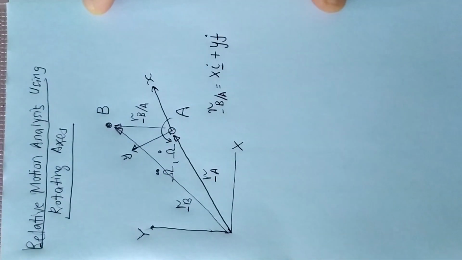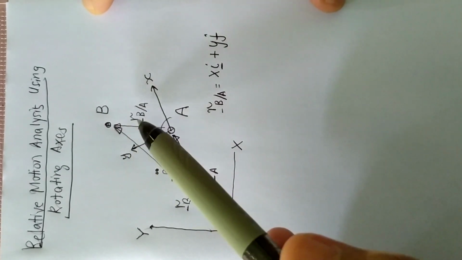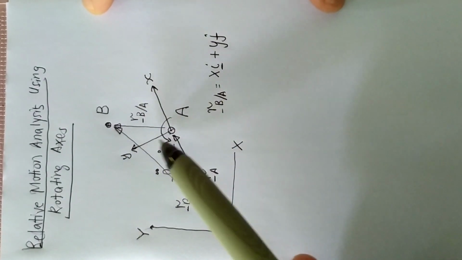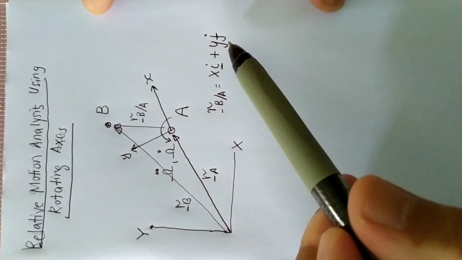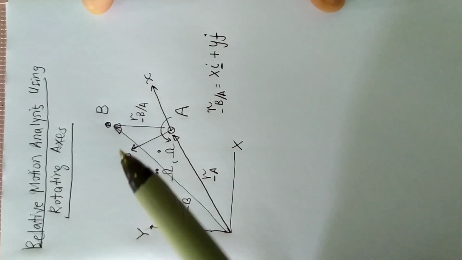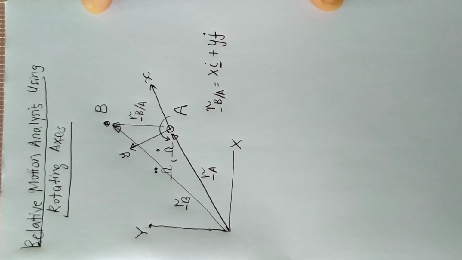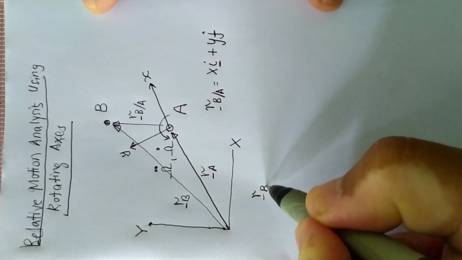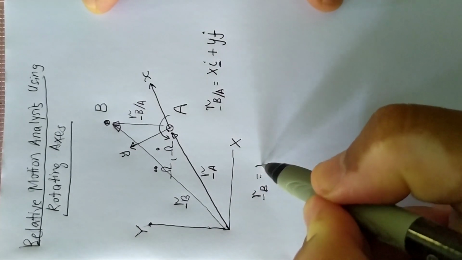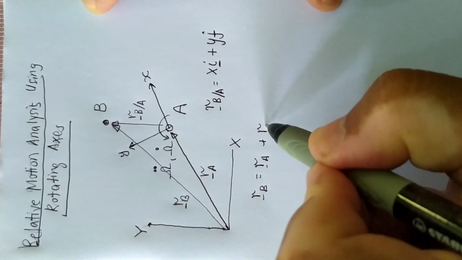So the xy is rotating, and we can write down the position vector B relative to A as xi plus yj, where i and j are in terms of the rotating coordinate system. Now we are ready to write the position vector equation: position vector B equals position vector A plus position vector B relative to A.